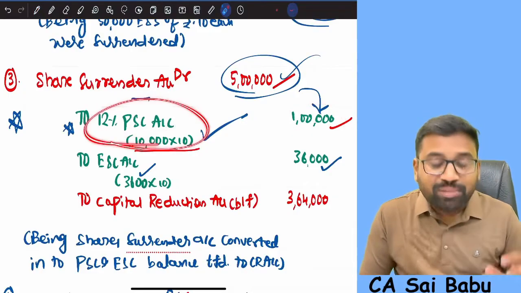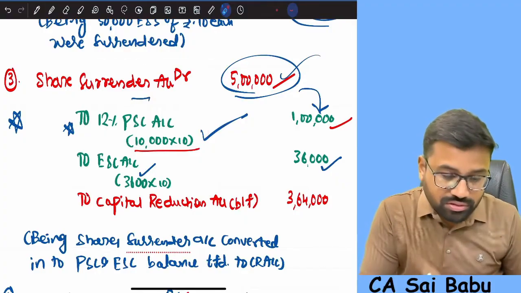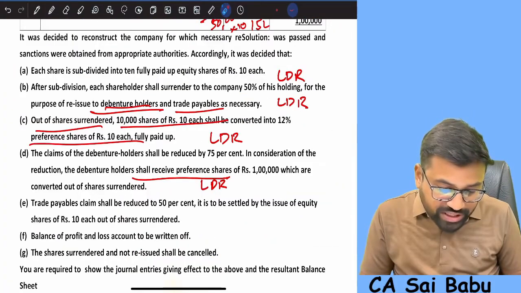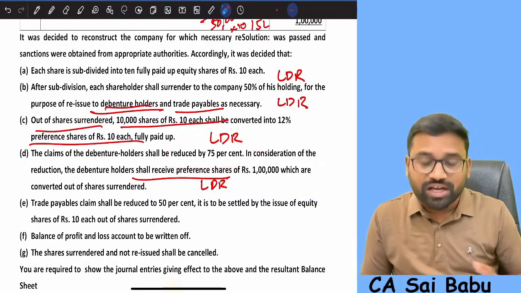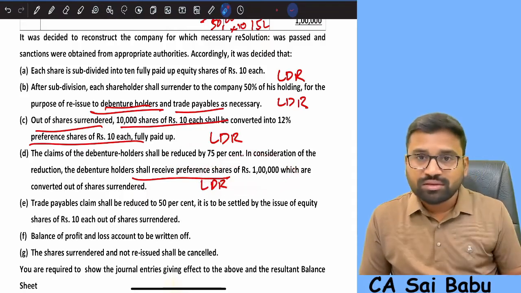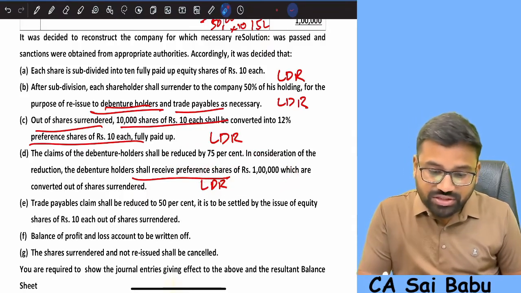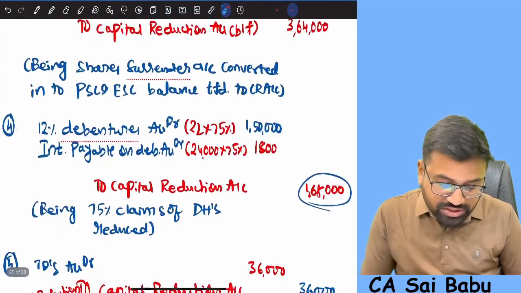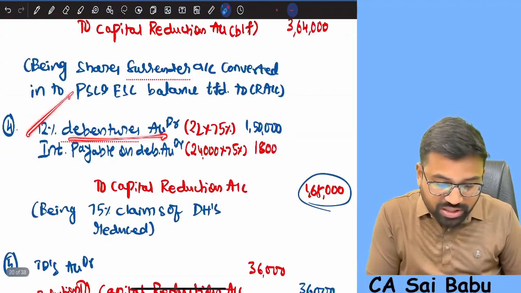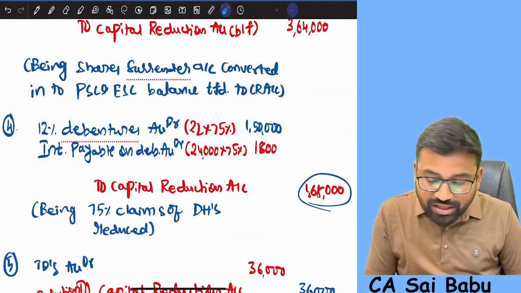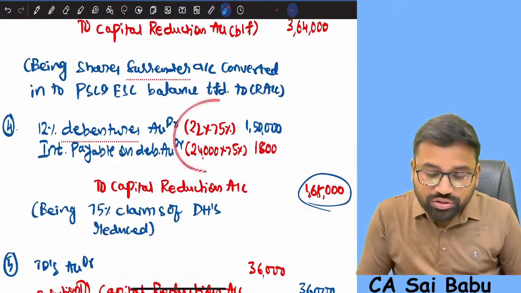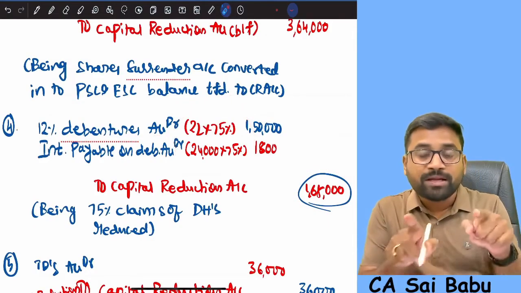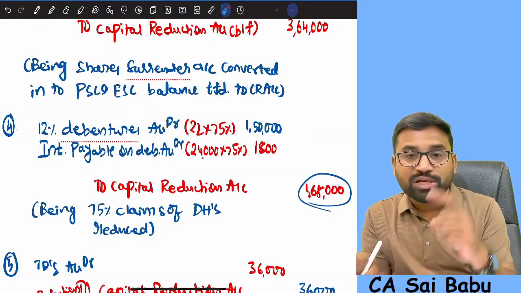This preference share capital we are going to issue to debenture holders. Now, debenture holders are ready to sacrifice 75% of the claims after taking these preference shares. So the debentures and 12% debenture interest, both will be transferred to the capital reduction account to the extent of 75%.